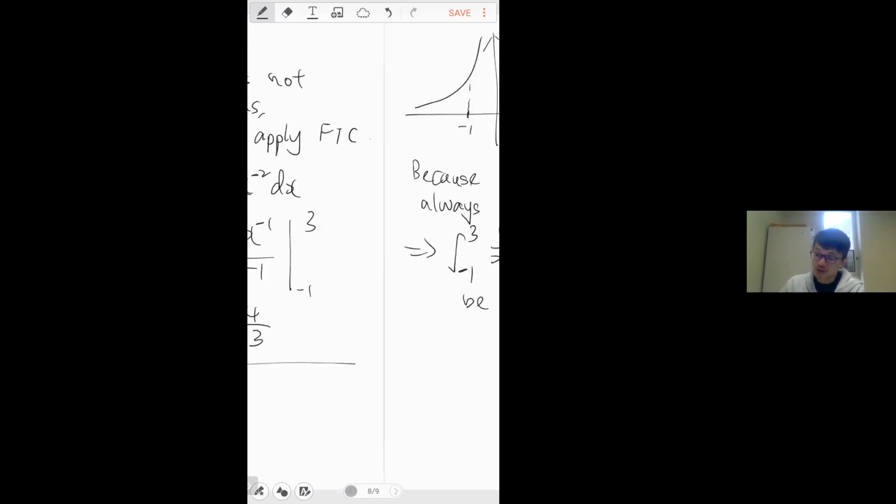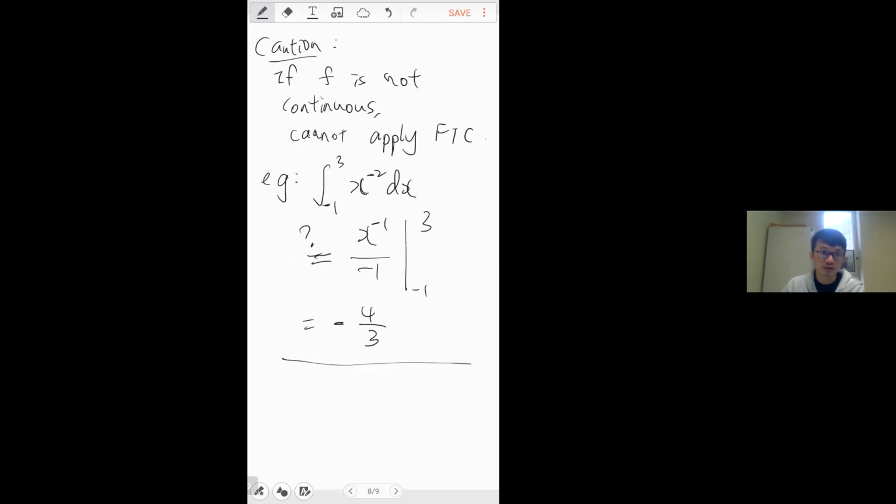But then my calculation told me that this is negative. So that means this is wrong. And I cannot use the fundamental theorem of calculus here. Questions?